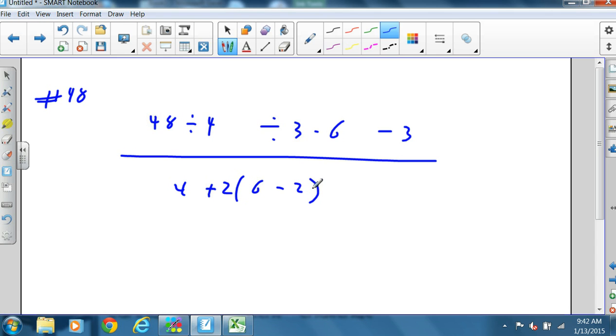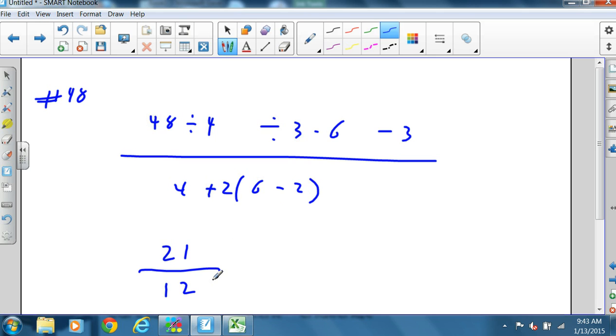Okay, so I wrote down the problem right. The division and multiplication, it doesn't matter what order we go. So 4 goes into 12 three times... I mean, 48 divided by 4 is 12, and 3 goes into 12 four times. 4 times 6 is 24, minus 3 is 21. So I got 21 on top. On the bottom I have to do inside parentheses first. So 4 times 2 is 8, plus 4 is 12. So I should get 21 over 12.